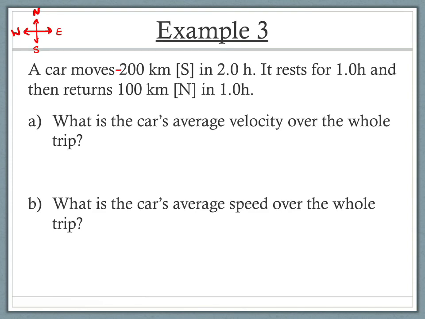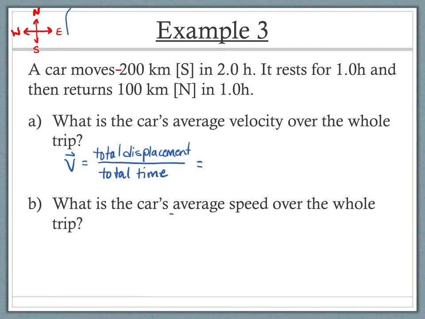So we want the car's average velocity over the whole trip. If we're looking at average velocity, we're looking at its entire displacement over the entire time it takes for the whole trip. So again, average velocity is total displacement over total time.